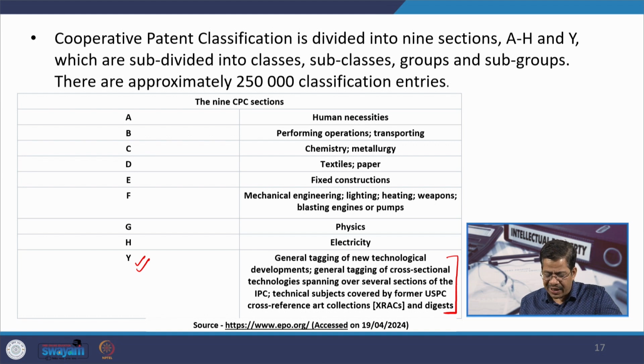These include general tagging of new technological developments and cross-sectional technologies, because in the current environment there is good scope for interdisciplinary and multidisciplinary research. All those things are taken care of by this Y section of CPC.